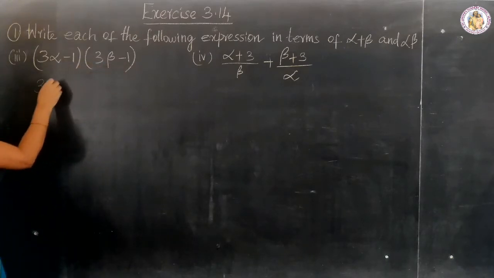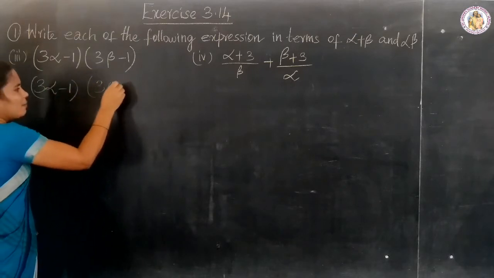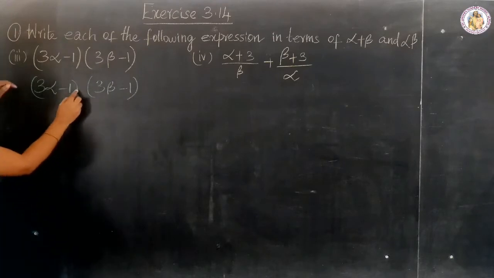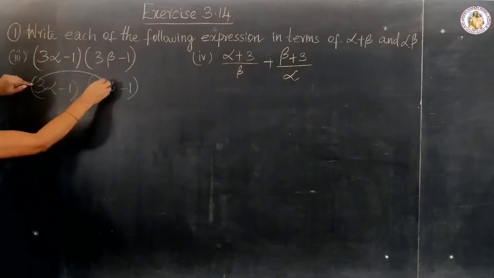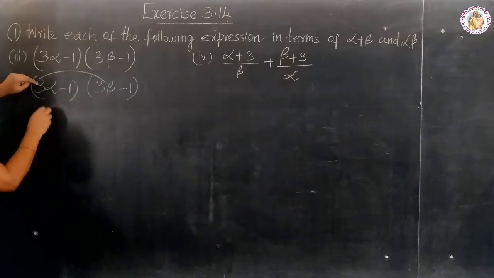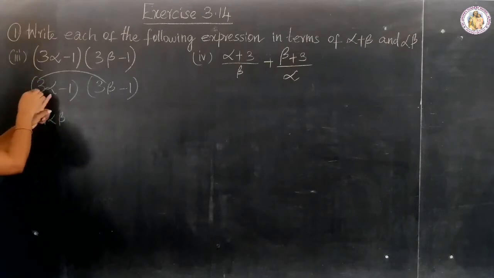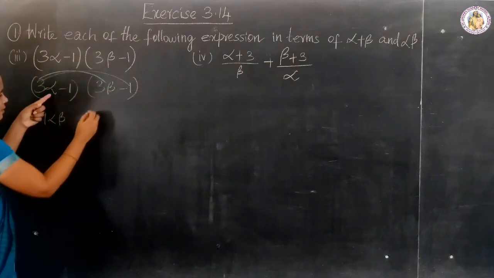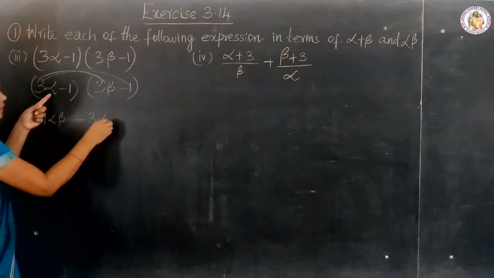Here you can see the product of 2 brackets. So multiply 3 alpha into 3 beta. 3 into 3, 9, alpha into beta, alpha beta. And again 3 alpha multiplied with minus 1, that is minus 1 into 3 alpha.